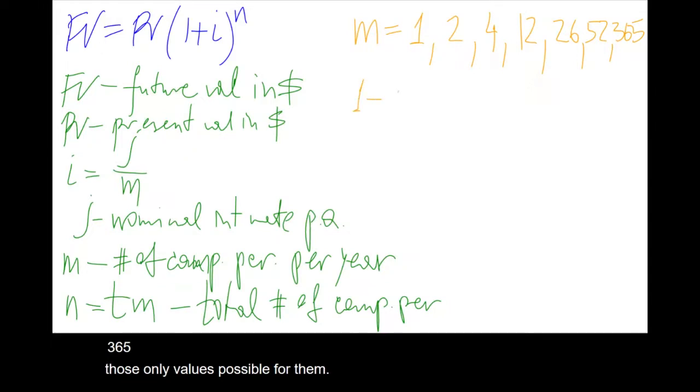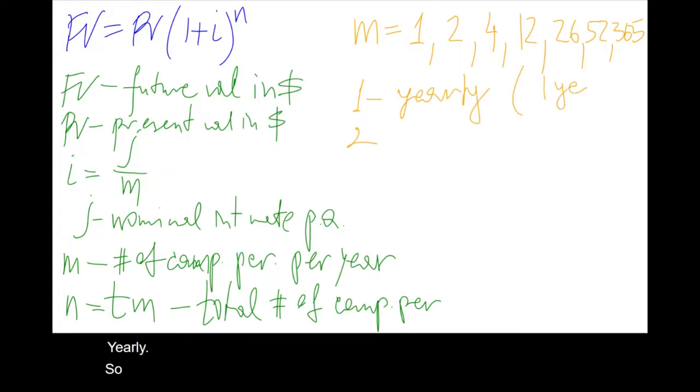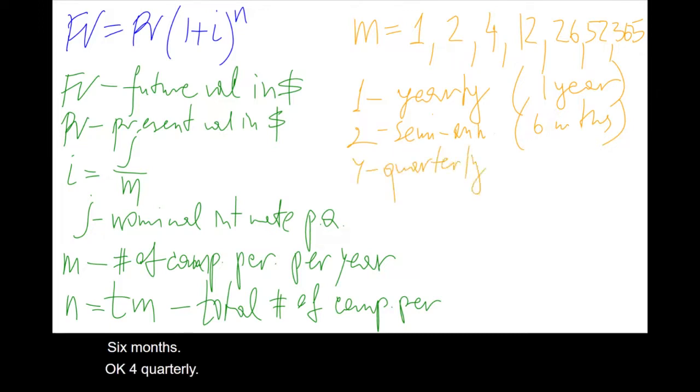So 1 is yearly, the interval is 1 year. 2 is semi-annual, 6 months. 4 is quarterly, 3 months.